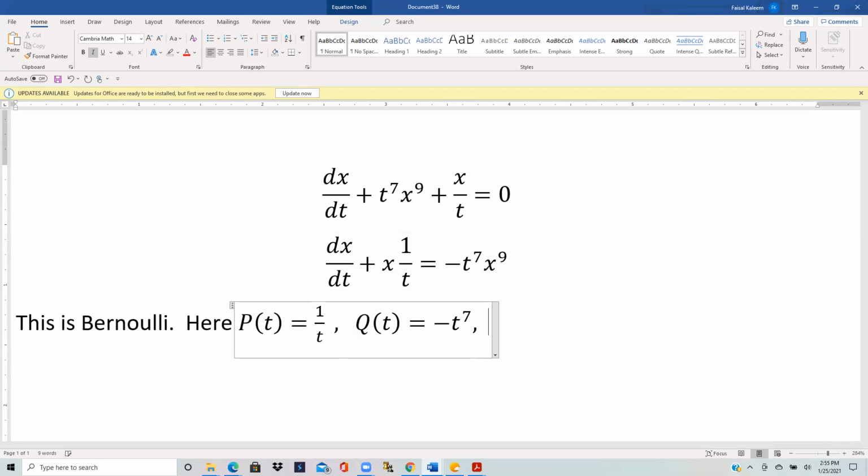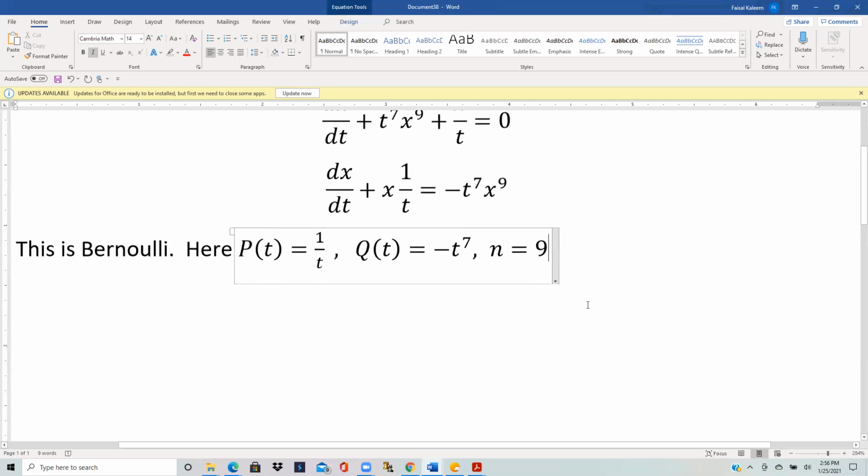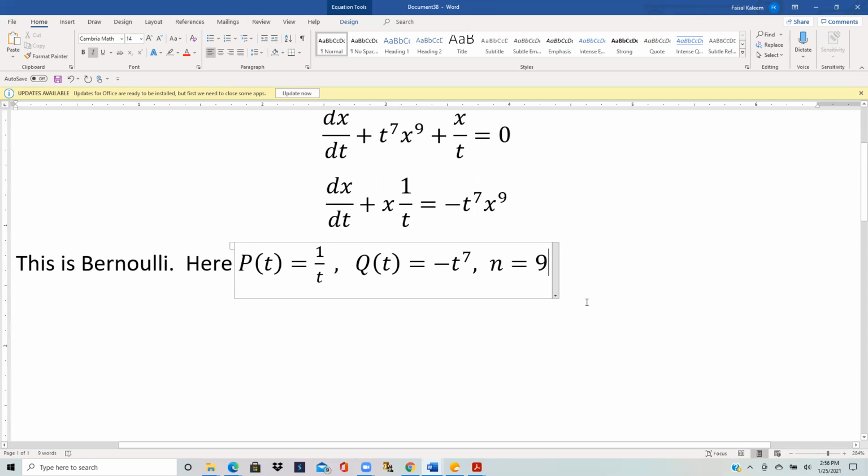And n is 9. Remember, n is the power of y, and y is x in this case. So now we are ready to apply the substitution.